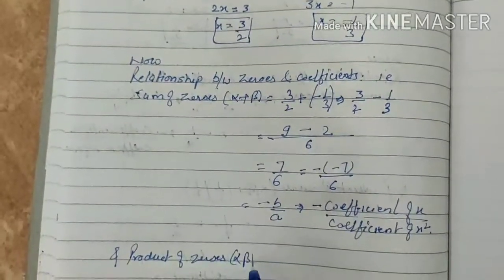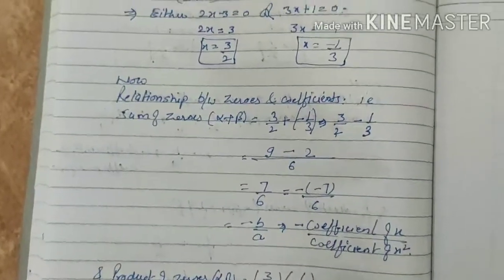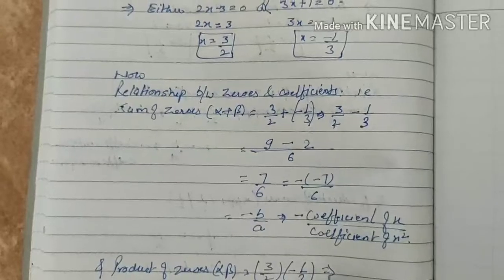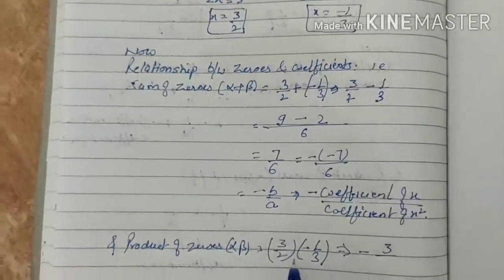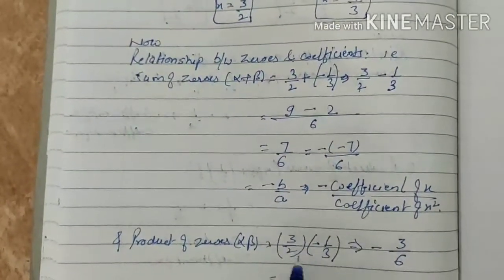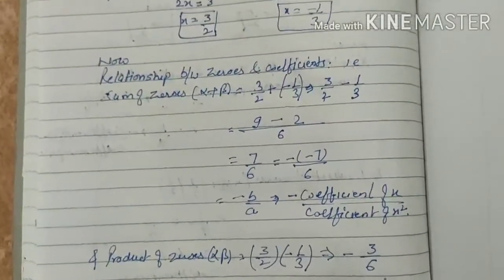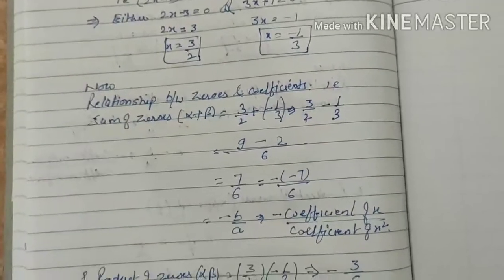Now the product of zeros, that is alpha beta. This will become 3 by 2 into minus of 1 by 3. Minus times plus becomes minus, 3 into 1 becomes 3, and 3 twos are 6. We can cancel, but let us multiply first, then we will check the relationship between zeros and coefficients. So you can see minus 3 upon 6.